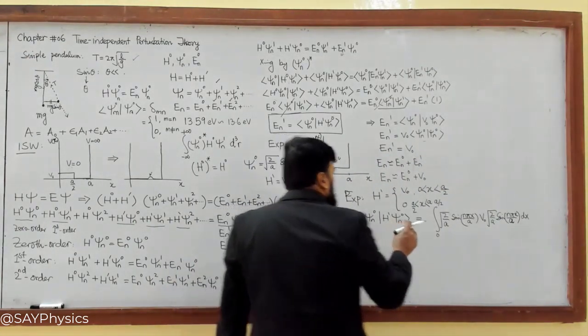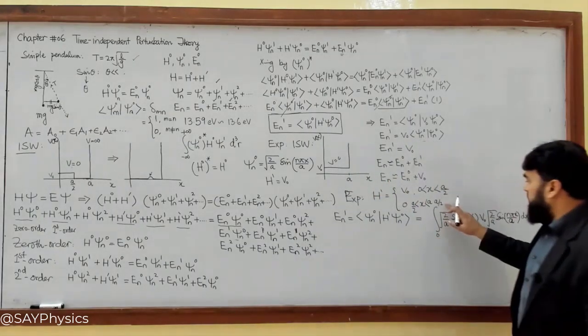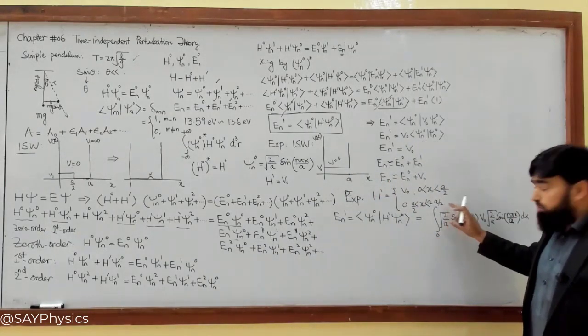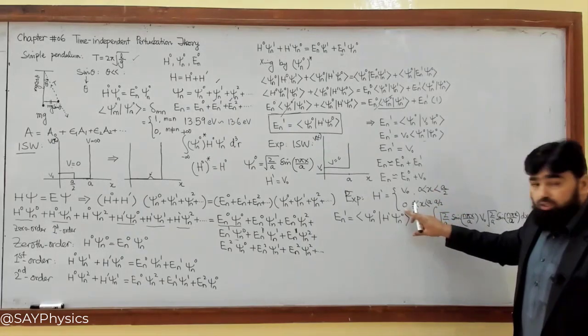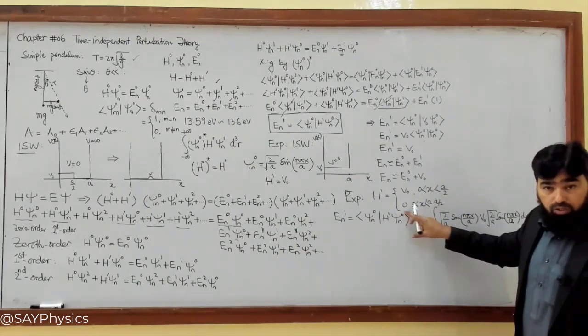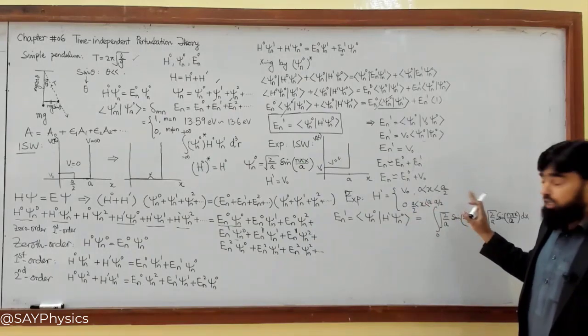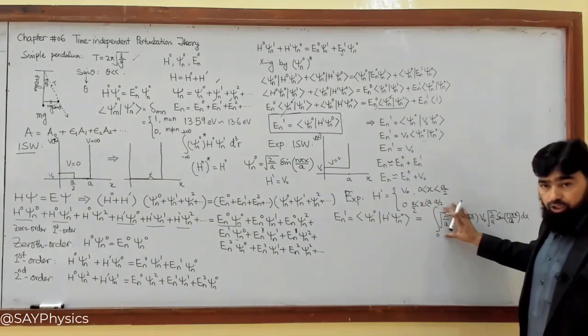Now we will have to solve this one because the perturbation is in this range. There is no perturbation in this range. H prime is 0 there. So we are not counting it. We are only counting that region.